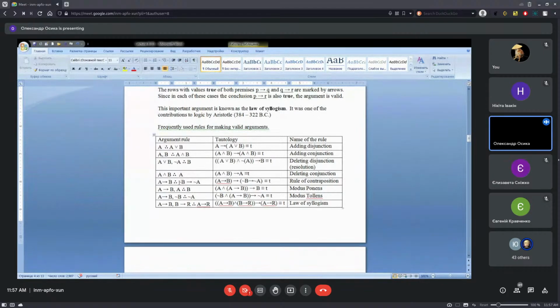We say, here and everywhere, that in situations when this statement is true, this statement is also true. That is why we can make an implication between the premise and conclusion, and it will be a tautology.